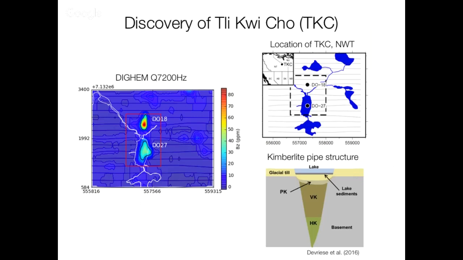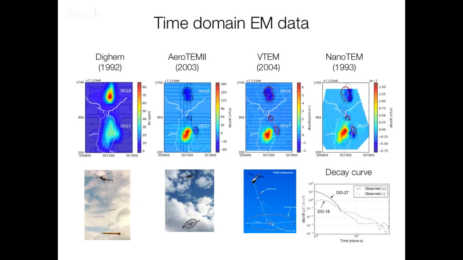And here with the DigEM, you see two conductors. They collected frequency domain data, and this was about the time that the AeroTEM system was being flown on a pretty regular basis at this point, but they hadn't really flown it on kimberlite pipes.